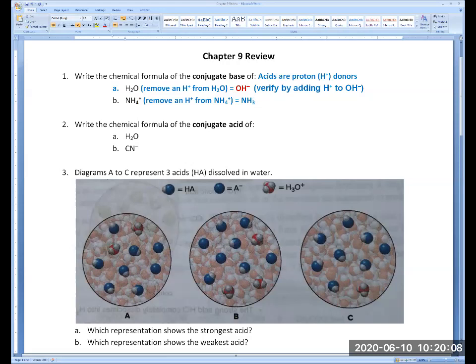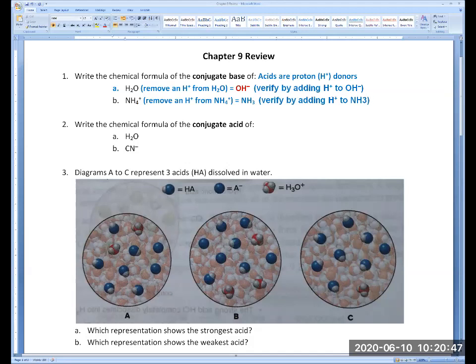When you remove an H, the subscript 4 decreases by 1 and it's NH3. When the H plus leaves with its positive charge, NH3 becomes neutral, right? You can verify again by adding H plus to NH3.